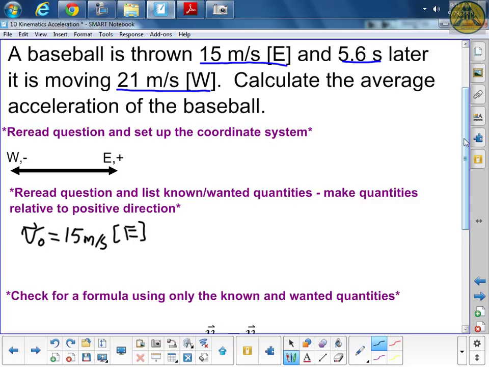Time, 5.6 seconds. Final velocity is given as 21 meters per second west. Okay? So as you're writing down all of these quantities, if you end up writing two different directions down, we can't do the math. It's the same thing as adding 100 kilometers plus 100 meters.